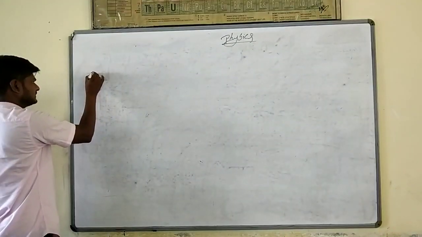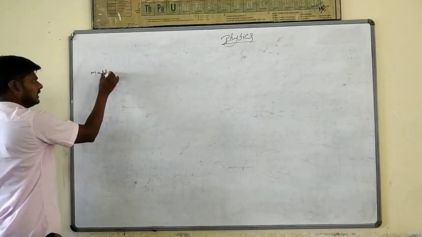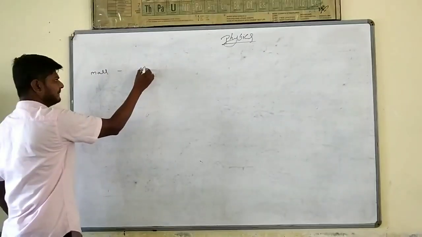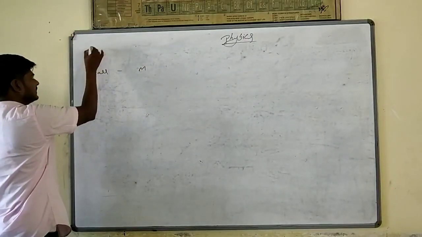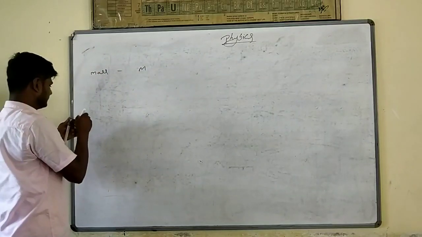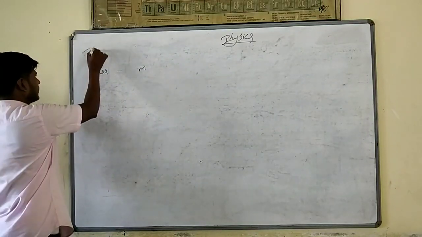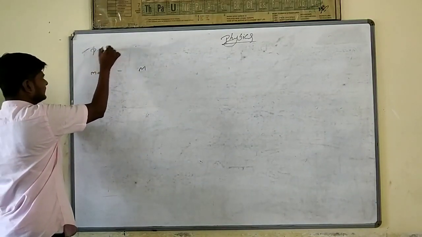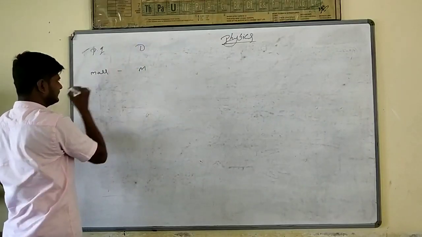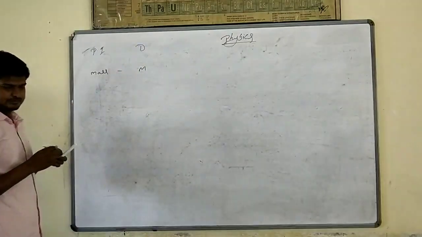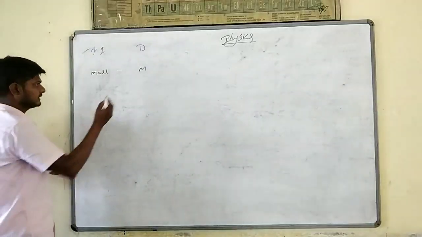Say mass. Physical quantity and dimension. Mass, we always write capital M.